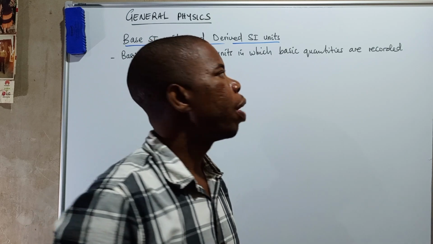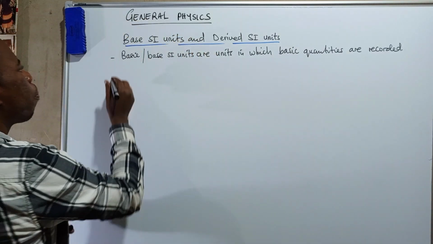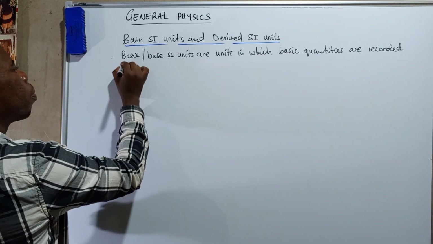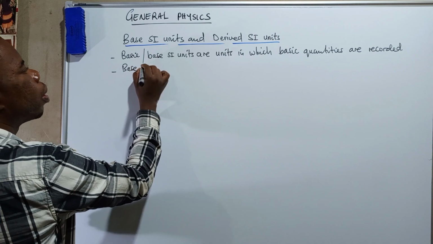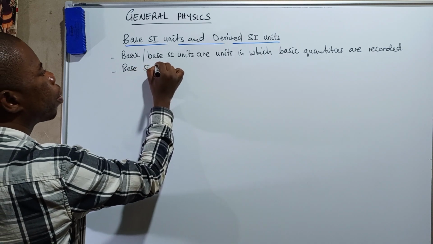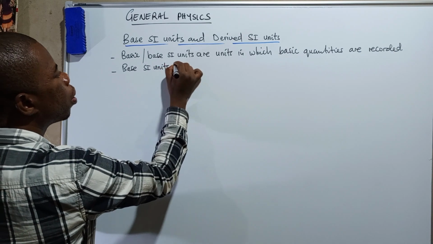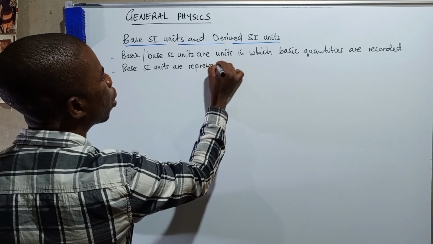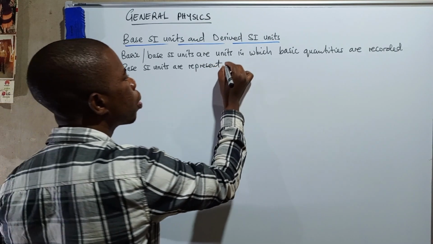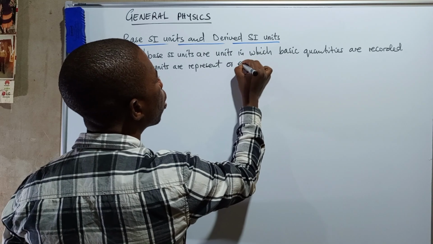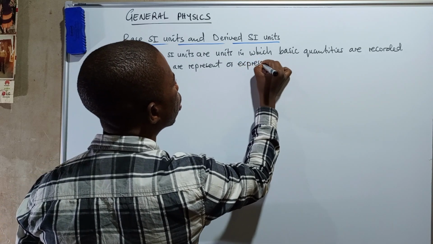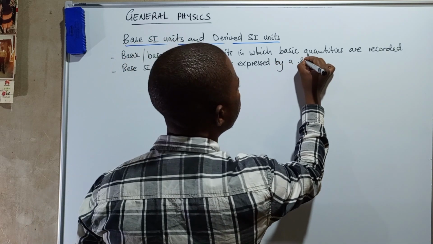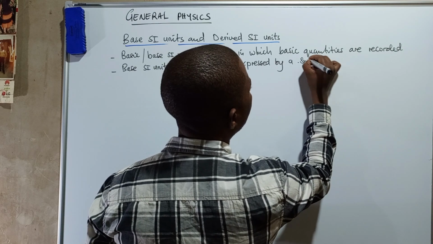Okay, so now base SI units are represented by single units. So base SI units are represented or expressed by a single unit.